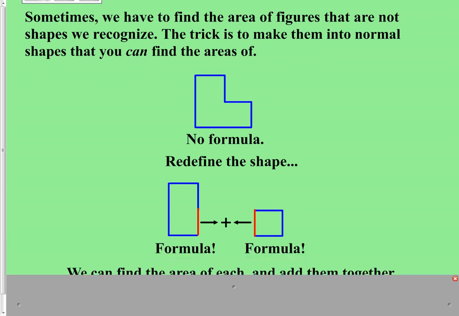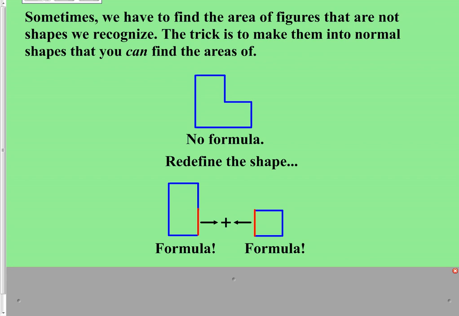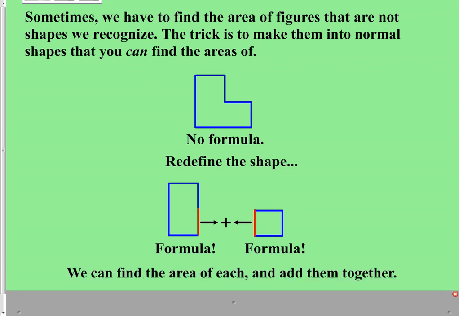If that is the case, then we could say, hey, I see a rectangle, I see possibly a square, or at least a smaller rectangle, and rectangles are shapes that we have formulas for. So instead of a concave hexagon, we have two very simplistic rectangles that have simply been added together. We could find the area of each of our rectangles, and we could add them up.